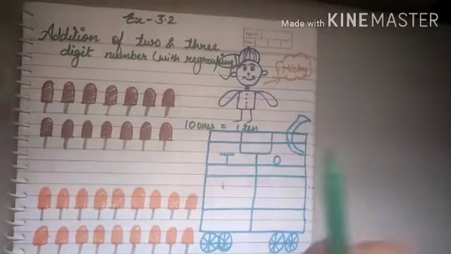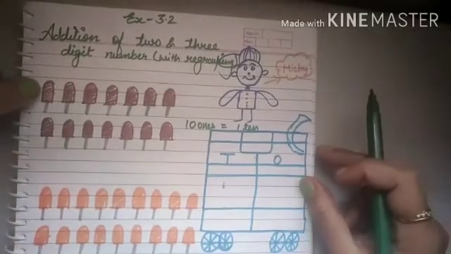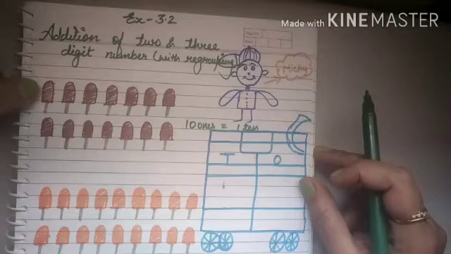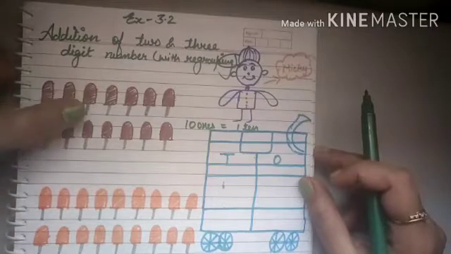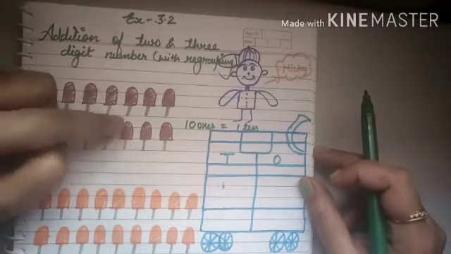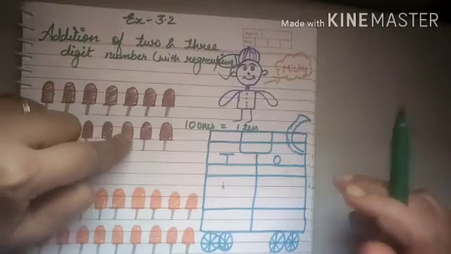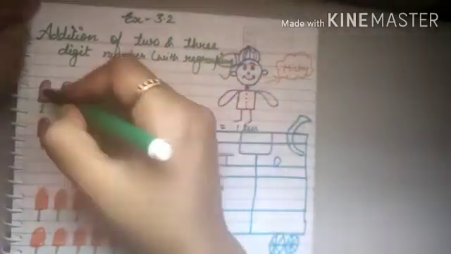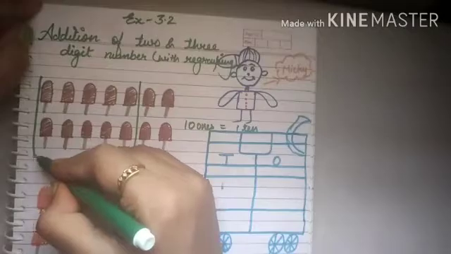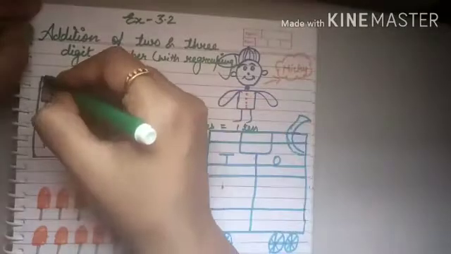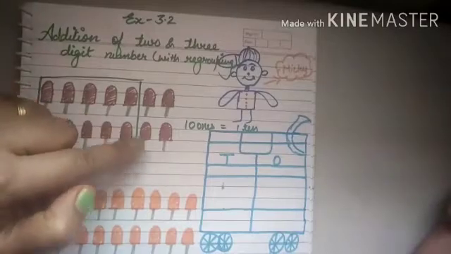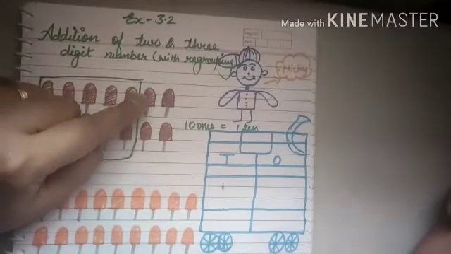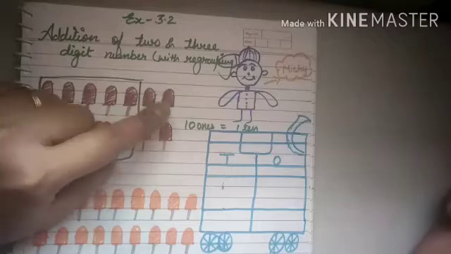So for this, I have to count these 10 chocolate ice creams. So start. 1, 2, 3, 4, 5, 6, 7, 8, 9 and 10. Here I am going to make a group of 10 chocolate ice creams. Okay. So as you can see, 1, 2, 3, 4.